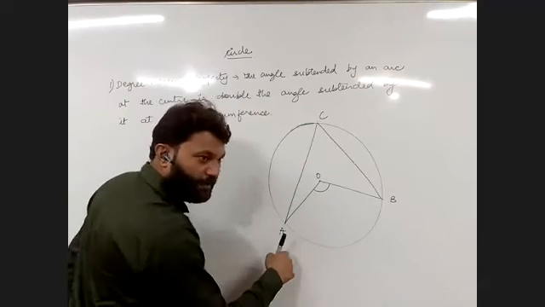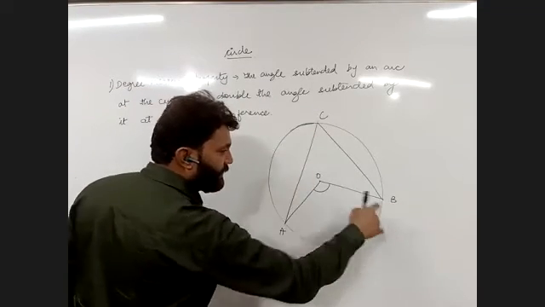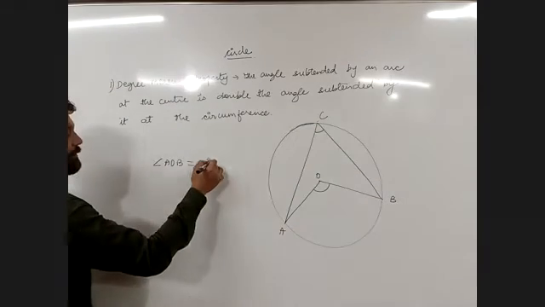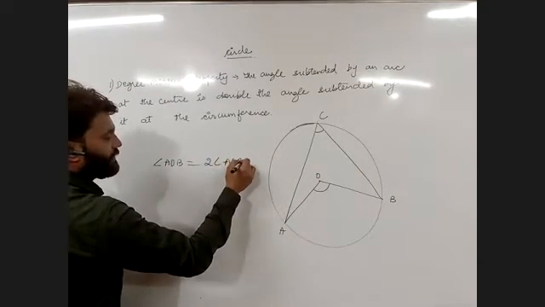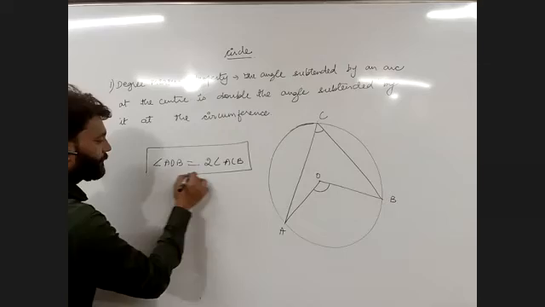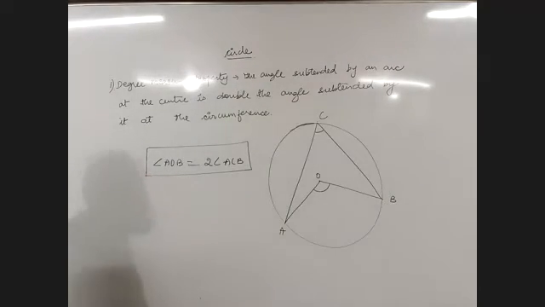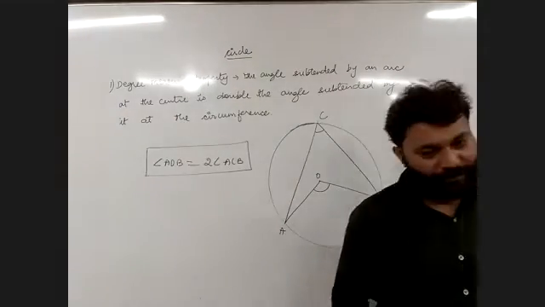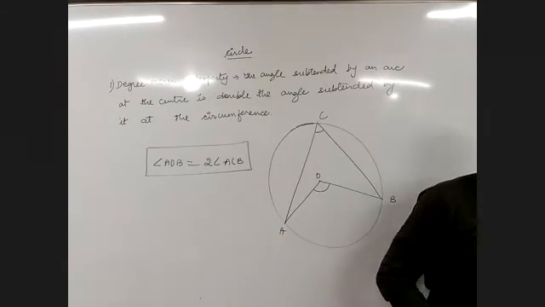AB is making angle AOB at the center and angle ACB at the circumference, so it will be twice of angle ACB. Have you understood this property? Using this property we will derive all the further properties. Sir, please explain again. I will explain 2-3 more times, don't worry.